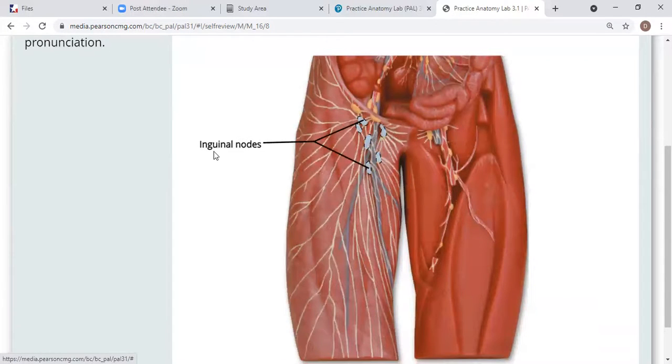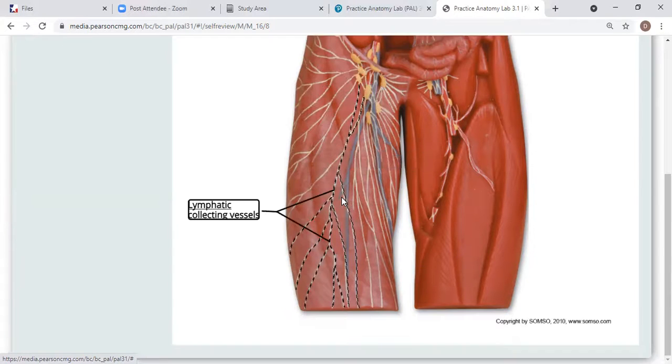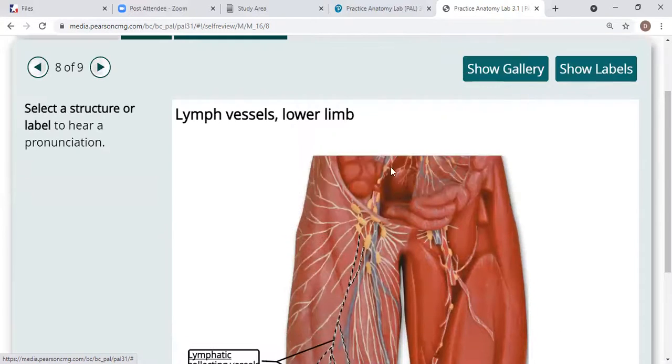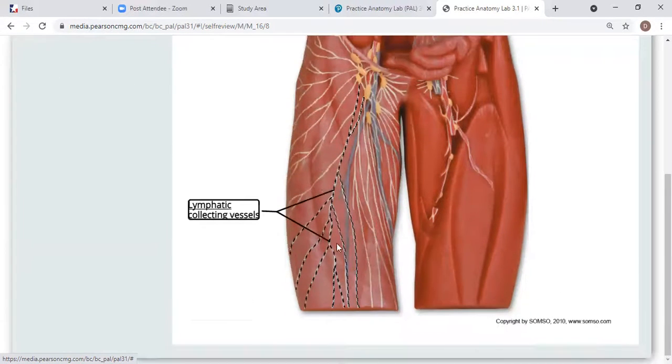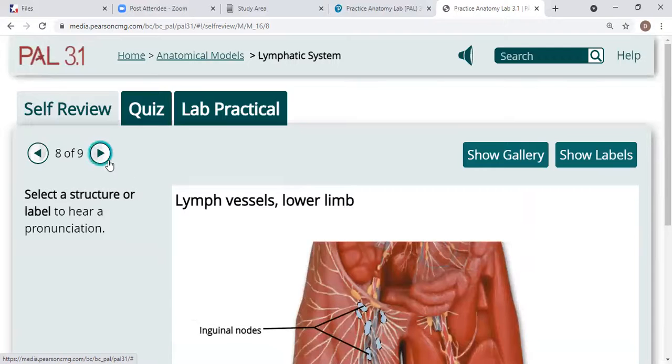These are the inguinal nodes, the ones that also typically have inflammation during infection, usually this area right here. Now, again, these lymphatic collecting vessels are fairly long, kind of like the ones we saw up here, but these are going to be longer. So a very important area in terms of infection that sometimes results in inflammation.